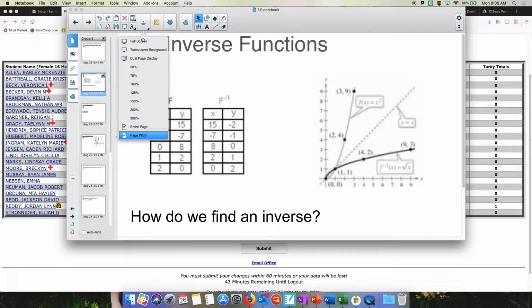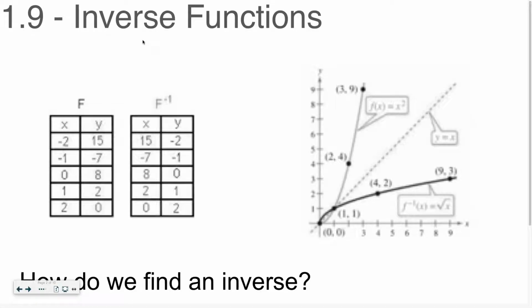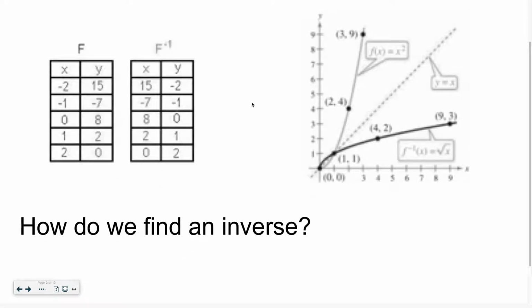Assignment, okay? The biggest thing I needed you to remember from inverse functions is how we find the inverse. No matter if it is numerically, graphically, or algebraically, there is one way to find an inverse. And that is by doing what?